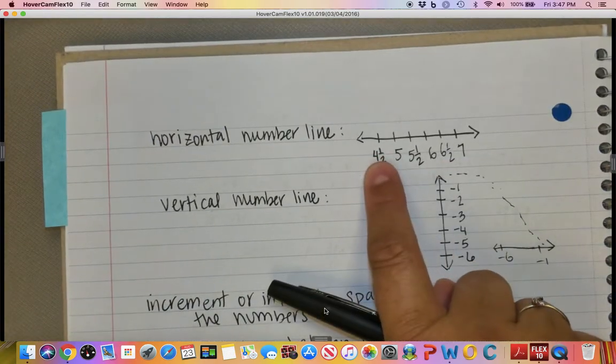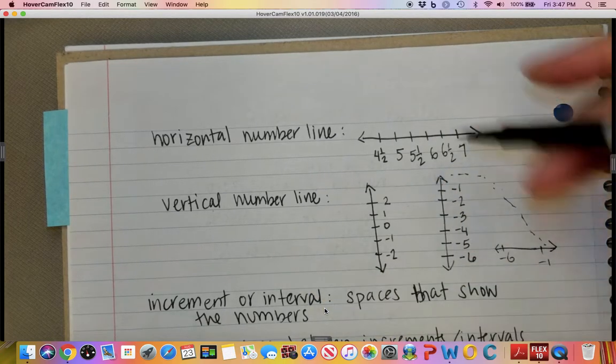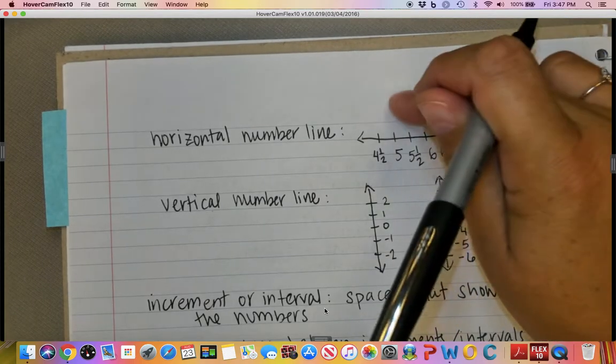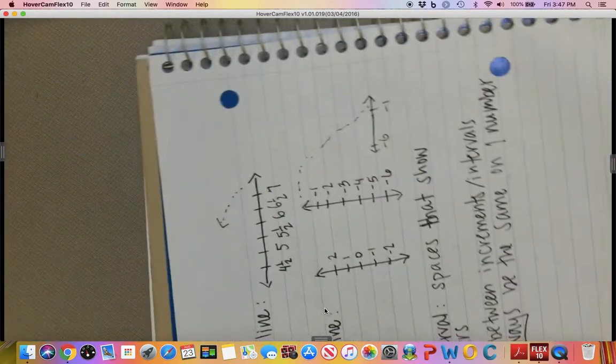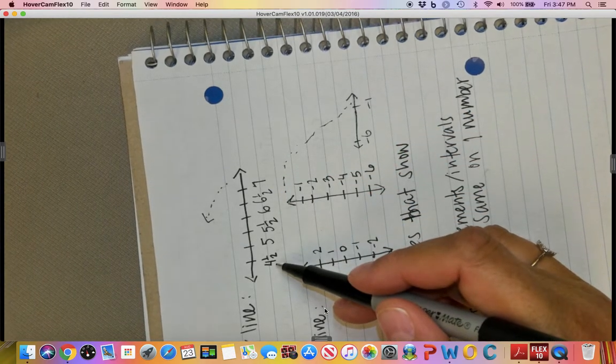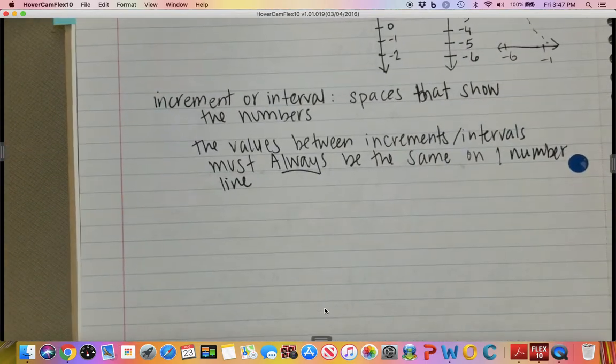If I were to take this number line and make it from a horizontal to a vertical, it's the opposite. I flip it up that way. So that means that 7 is closer to the top and 4.5 is closer to the bottom, if I'm changing it into a vertical number line. We will be drawing both vertical and horizontal number lines.